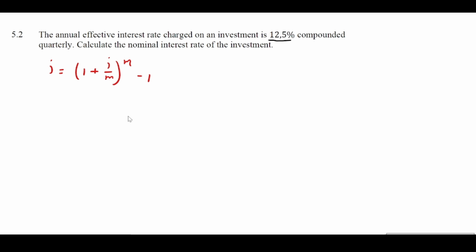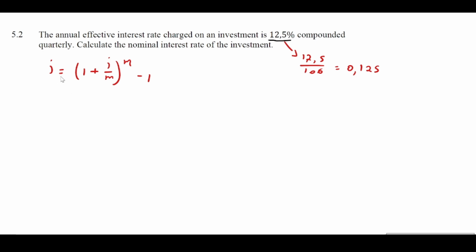Then you do your substitution. First, you're going to convert this to decimal. So 12,5, you divide that by 100. When you divide it by 100, it's 0,125.